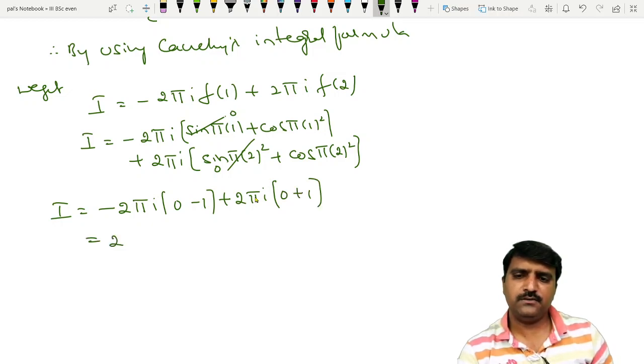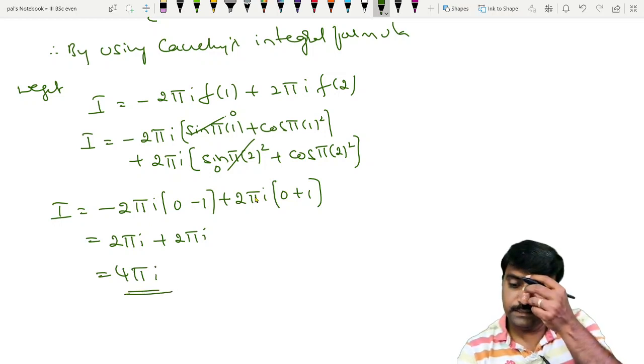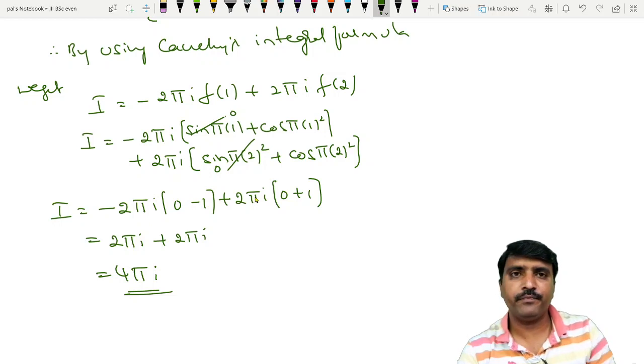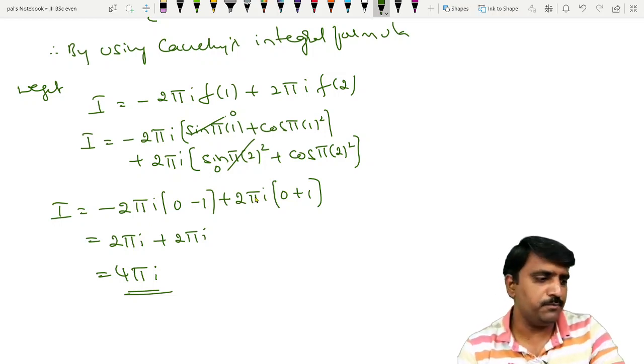So that is 2 pi i plus 2 pi i, which is equal to 4 pi i, the required value of the integral. Okay, so it is a very important problem.